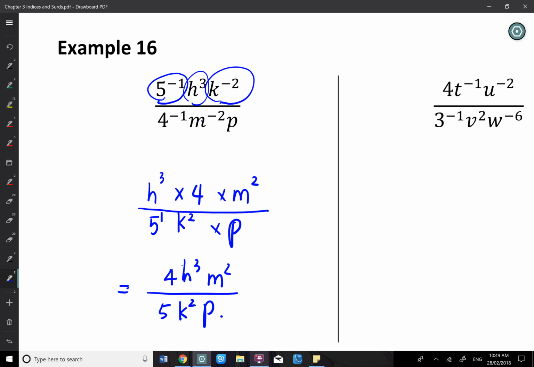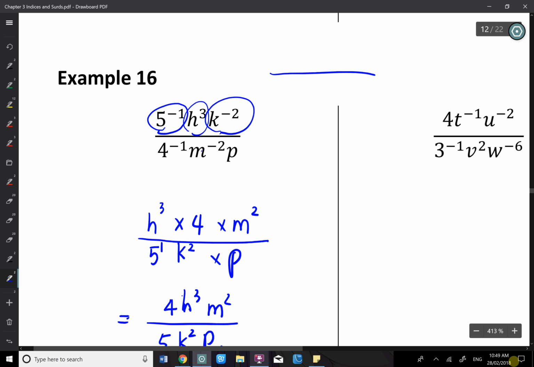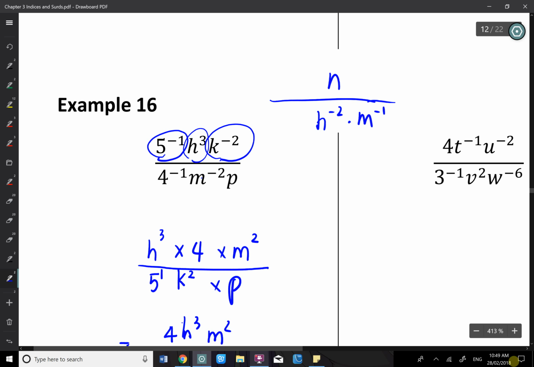So if you have a fraction where the numerator is not a negative power, but the denominator is. Like say h^2m to the power of -1 in the denominator, and the numerator is, for example, n to the power of 5.